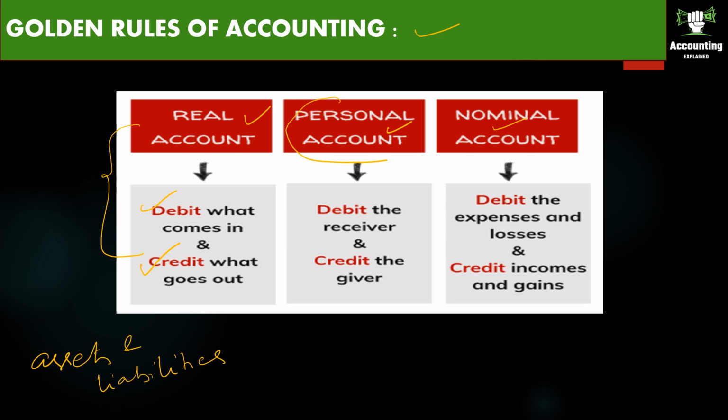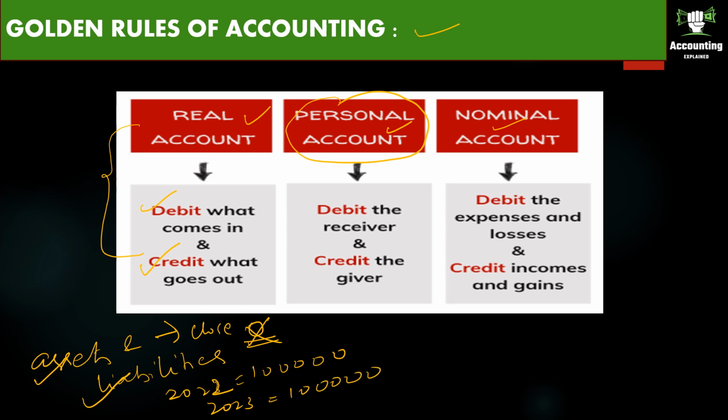Basically it relates to assets and liabilities of a company other than people accounts. It does not consider personal accounts, but only assets and liabilities. These accounts do not close at year end. So for assets and liabilities we do not close the account and make it zero at the year end. We carry forward the amount. If the asset value during 2022 is 1 lakh, okay, in 2023 beginning it will be 1 lakh only.